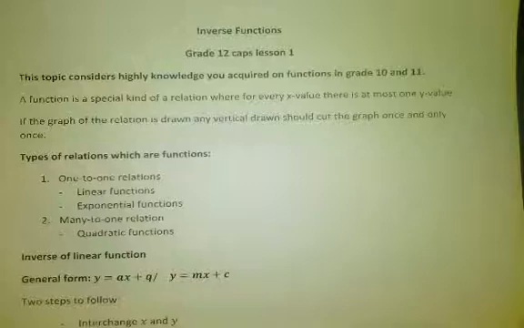Now maybe let's start by defining what a function is, although you have the idea of functions. So a function is a special kind of relation where for every x value there is at most one y value. That means if you relate the domain and the range, for every one value in the domain, we only have one value in the range.